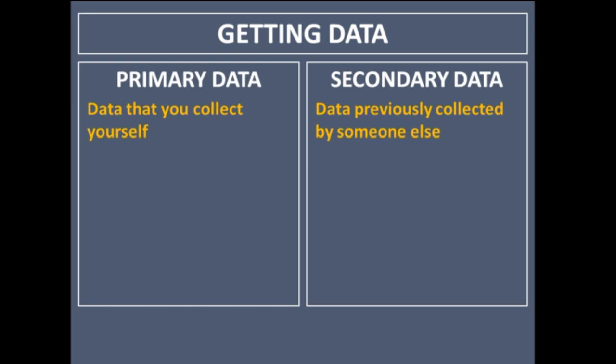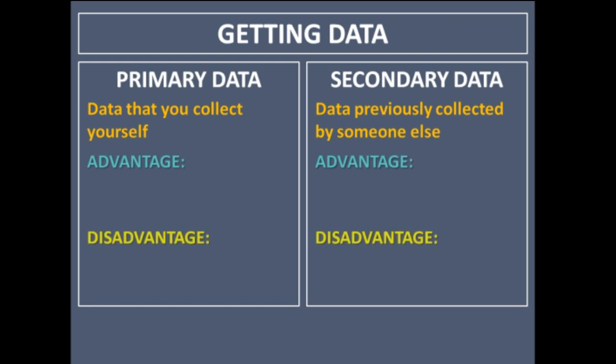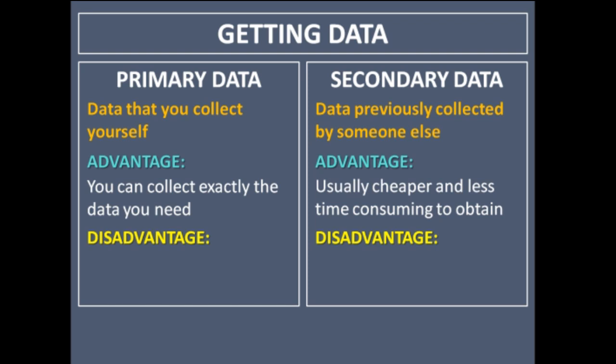While there are advantages and disadvantages to both of these, an advantage of primary data is we can set up our surveys and our questionnaires to collect exactly the data we need, and we can phrase those questions to be most meaningful to our study. An advantage of secondary data is that it's much quicker and much cheaper to obtain. We don't have to take the time ourselves to go and do it.